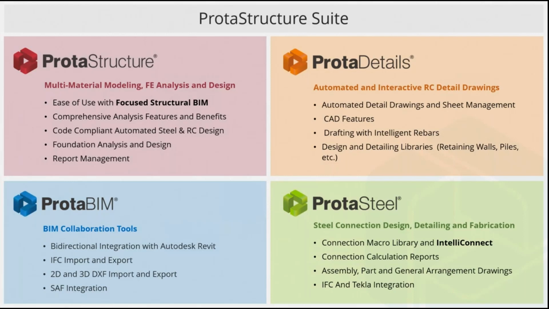It focuses on concrete detailing and includes a unique design library of calculations for designing things like retaining walls and piles. Prota Steel complements your steel design by automating all steelwork connection design, providing comprehensive steel detailing and automating your connection design of your structures.